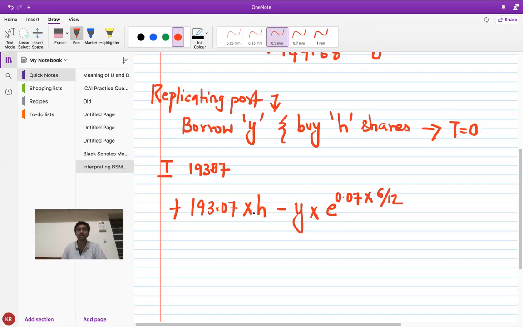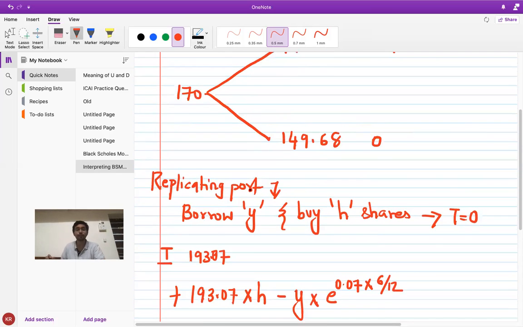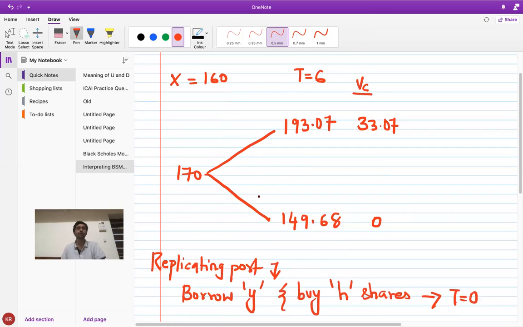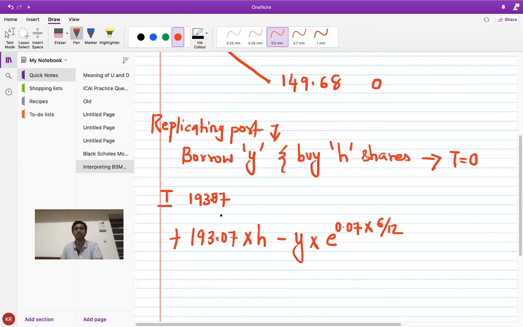What I said was, I want this payoff of the replicating portfolio to be equal to the payoff from a call option. The payoff from a call option when the share price is 193.07 is actually 33.07. So I will be equating this to 33.07.